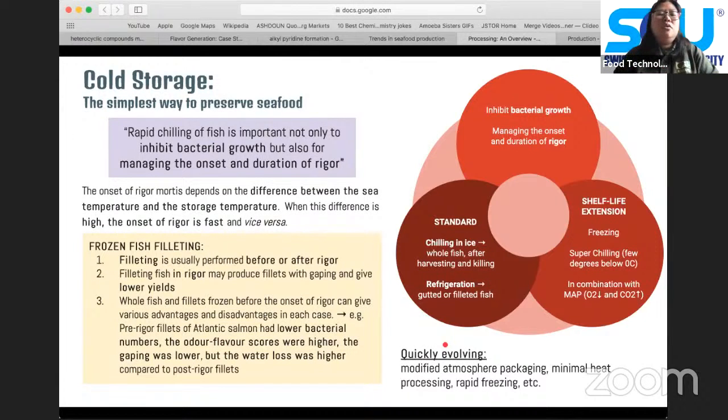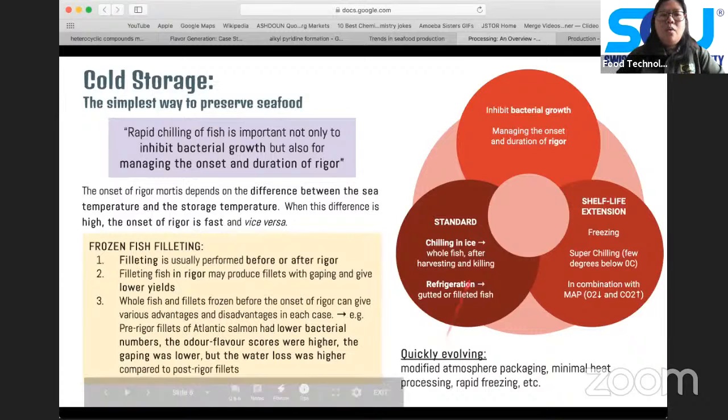When the difference between the temperature where the fish is harvested and where the fish is stored is high, then the onset of rigor is also fast because of the stress.